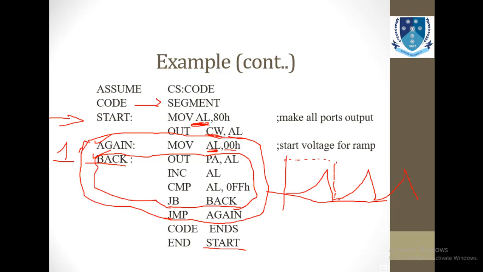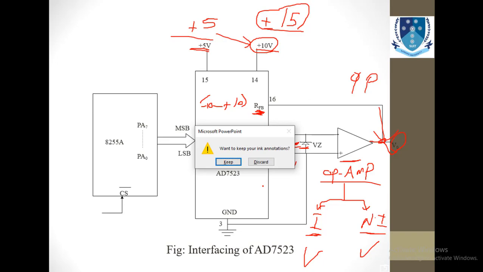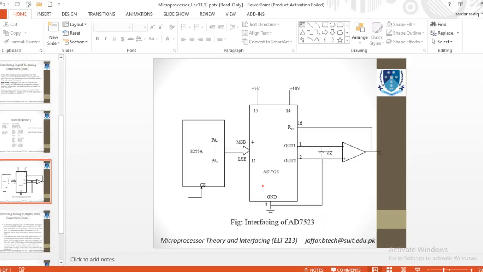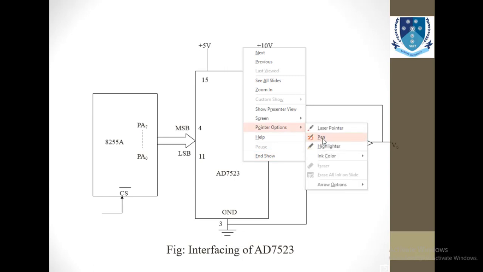You can also test this code by running it in Keil or any software that you want to. So this is now your interfacing of this IC. Let's discuss briefly this diagram.